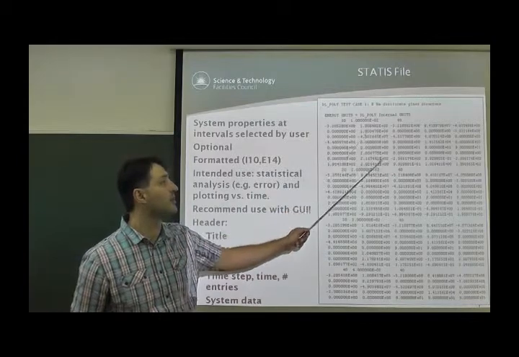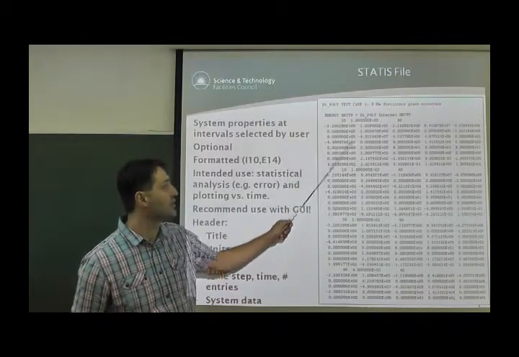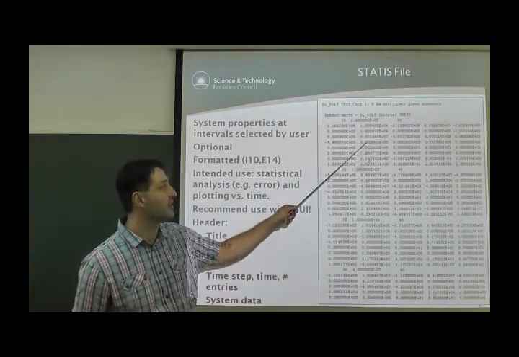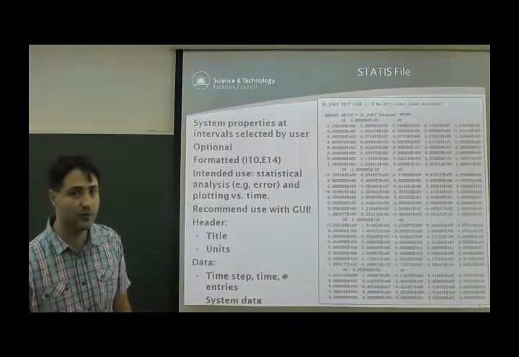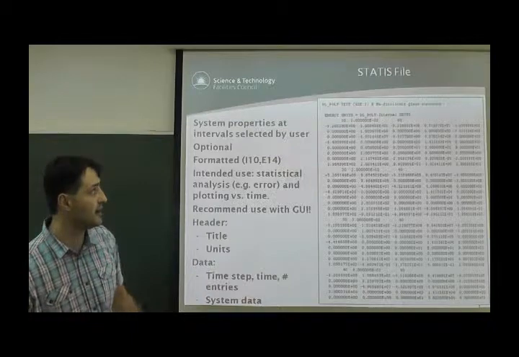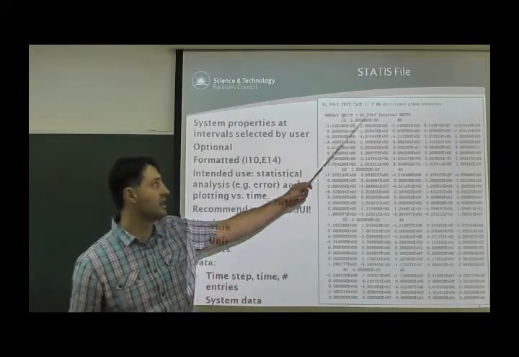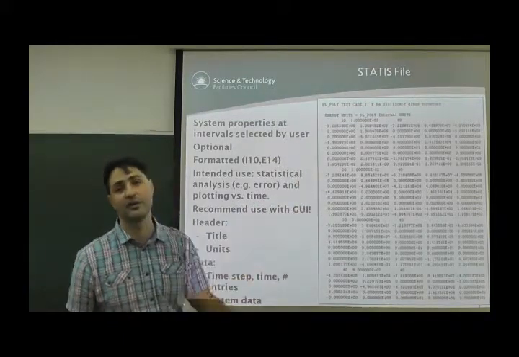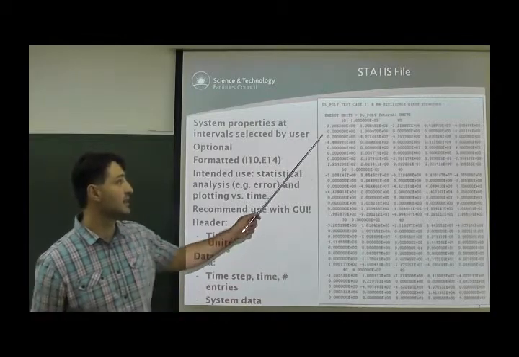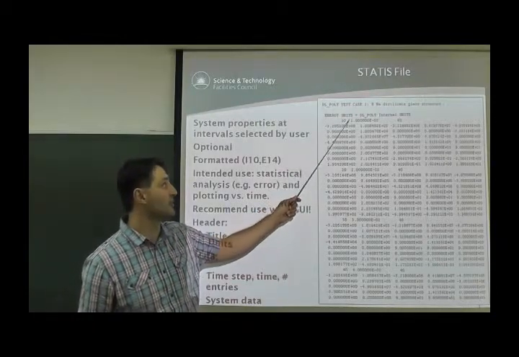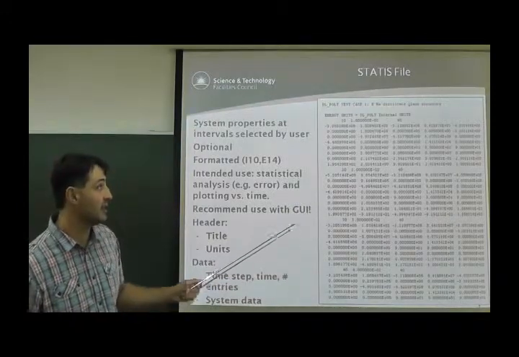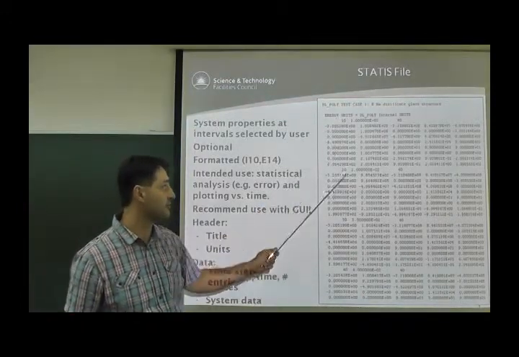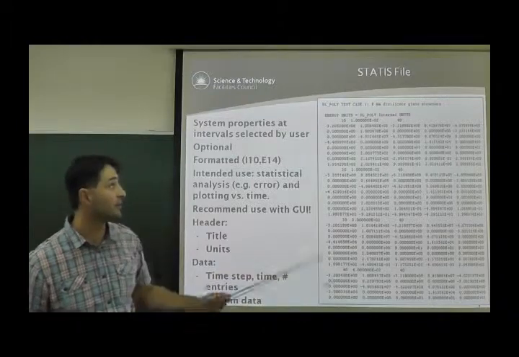Of course, the number of values in each segment is the same, and it may vary depending on what kind of ensemble we use, what kind of options have been specified. Essentially, we start with a title line, it reports what the energy units are, and then the first value in the next row would be the time step at which these instantaneous values are taken, which is number 10. And then we have 20, 30, and so on.